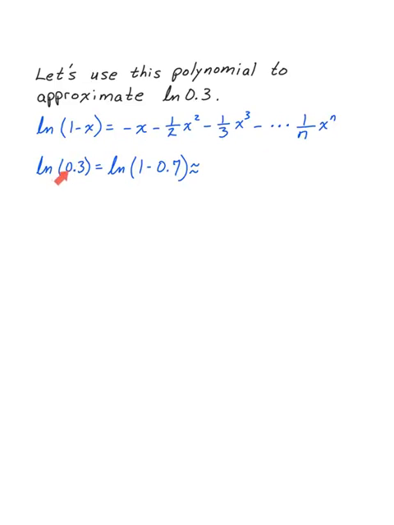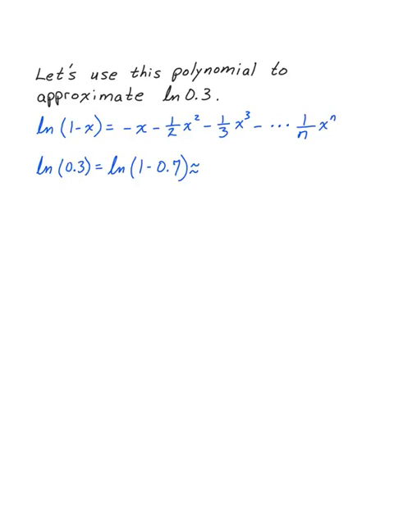And so if we want to take the natural log of 0.3, that means the x value needs to be 0.7, because natural log of 1 minus 0.7 is 0.3.